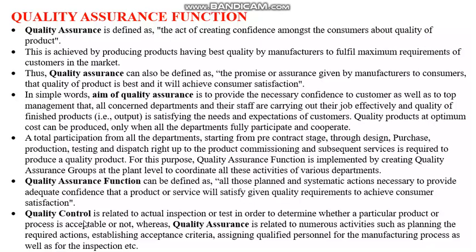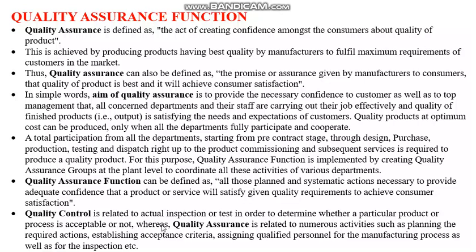Now quality control, you see, now we talked about quality control. Now a broader term I said is the quality assurance. Now a little about these two here we are talking. Quality control is related to actual inspection or test in order to determine whether the particular product or process is accepted or not. Actually, here we are talking only about the inspection.